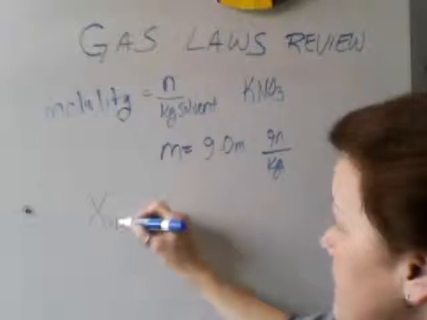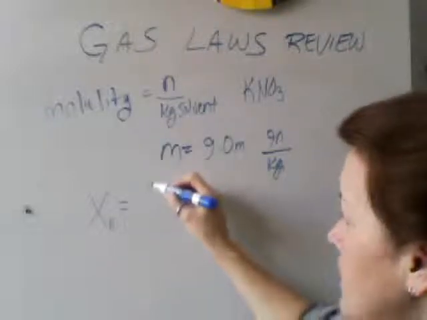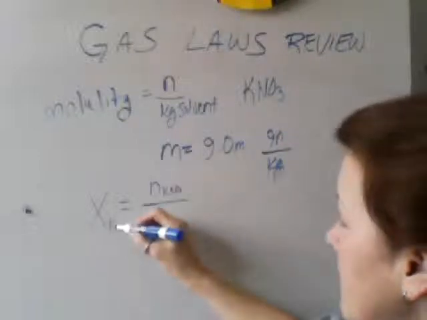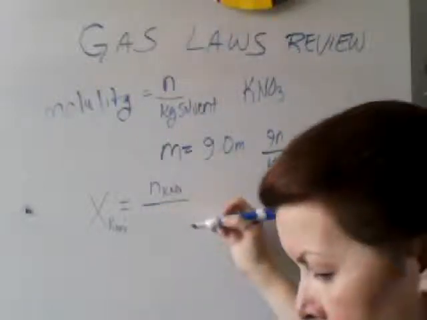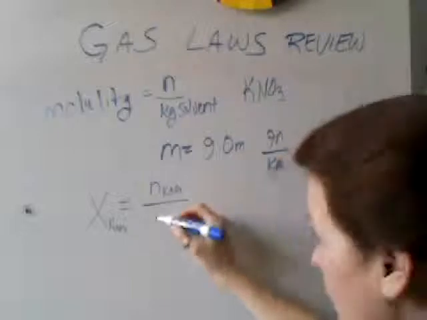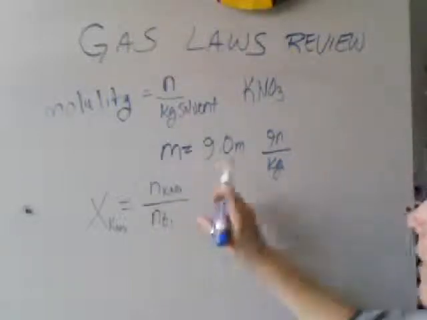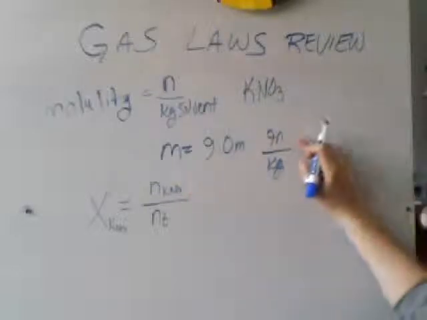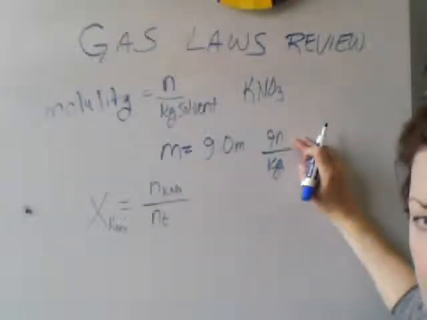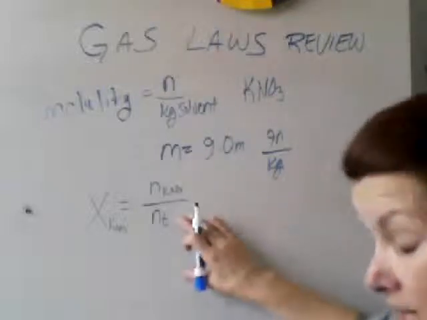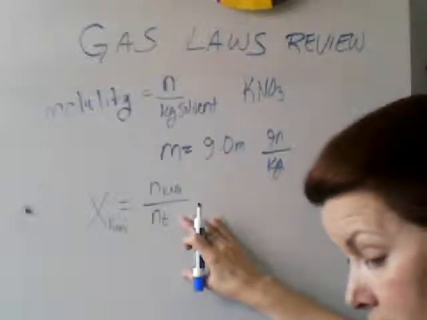The mole fraction of potassium nitrate is going to be equal to the number of moles of potassium nitrate divided by our total moles in our solution. So we know our moles of potassium nitrate. We need to also figure out our moles of water so that we can add those together to get the total moles in the solution.